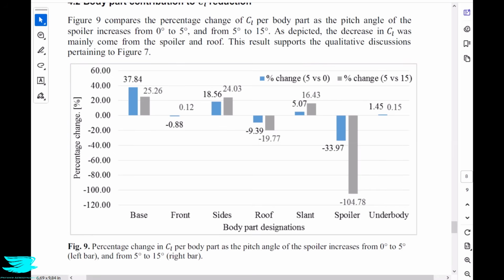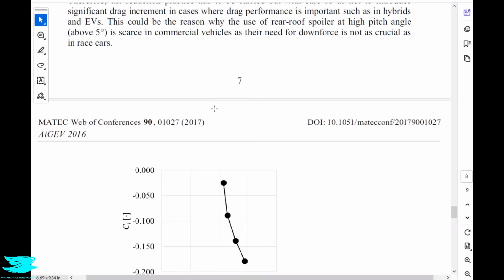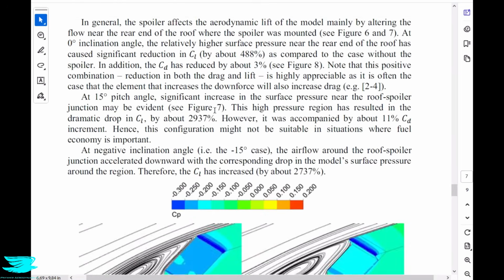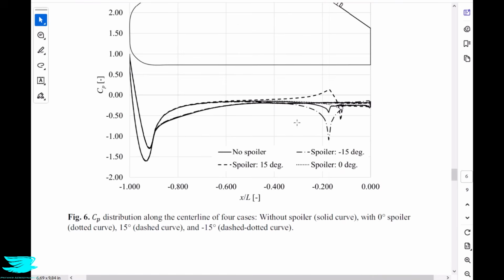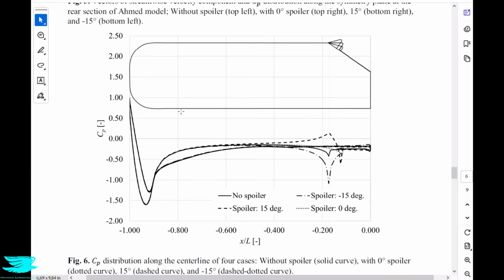So from this plot, we can see that really the changes in the lift are located around the spoiler, rear window, and the roof. And in figure 6, we saw changes over the roof pretty far upstream, so 50% upstream. So that's pretty interesting. That indicates that the front of the car isn't affected, with these effects really stopping at about halfway upstream of the roof.